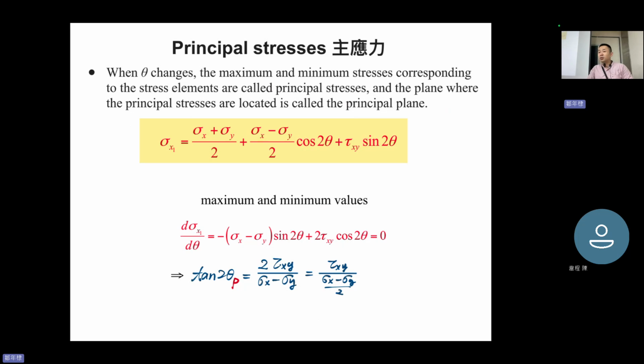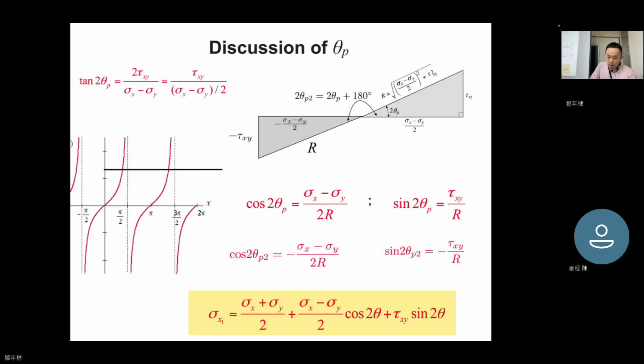Okay, so if you can understand this, next page is kind of difficult. I would like you to listen carefully. All right. So now, you know tangent 2 theta p looks like this, right? This is obtained from the previous page.